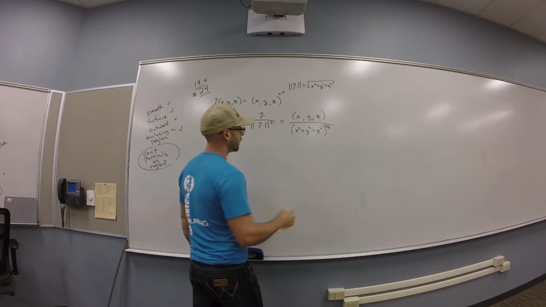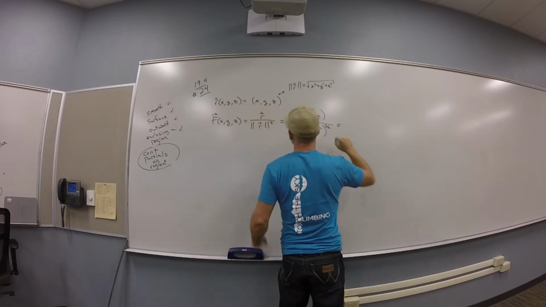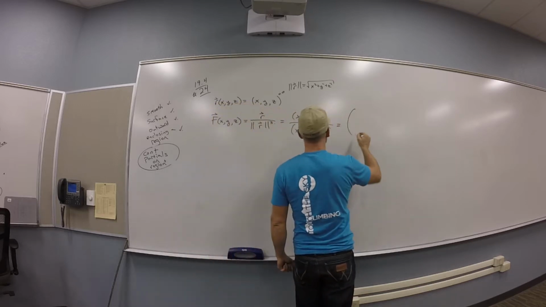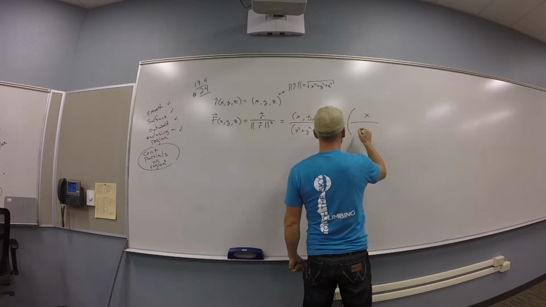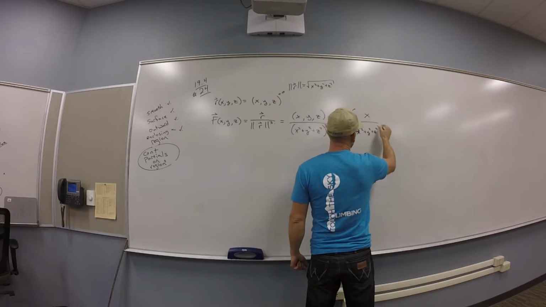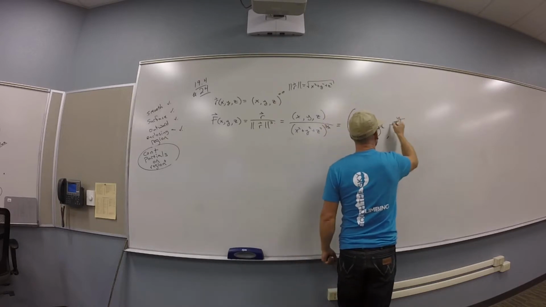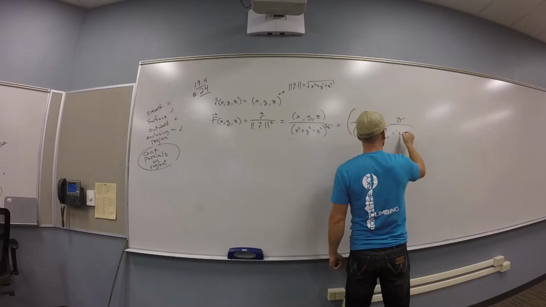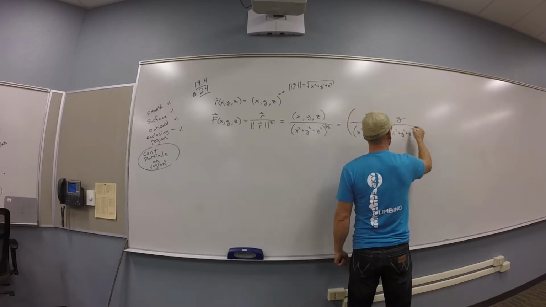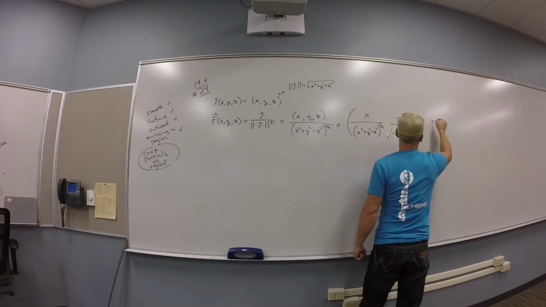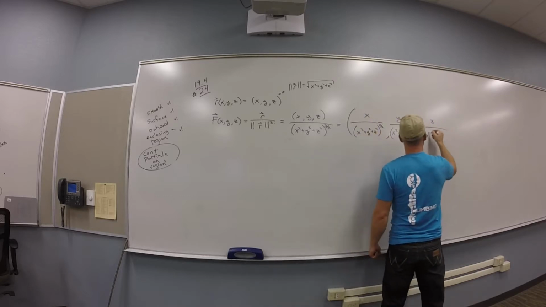Okay, I got to this. I got that my vector field F is given by x over x squared plus y squared plus z squared to the 3/2 power, comma, y over the same, and z over the same.